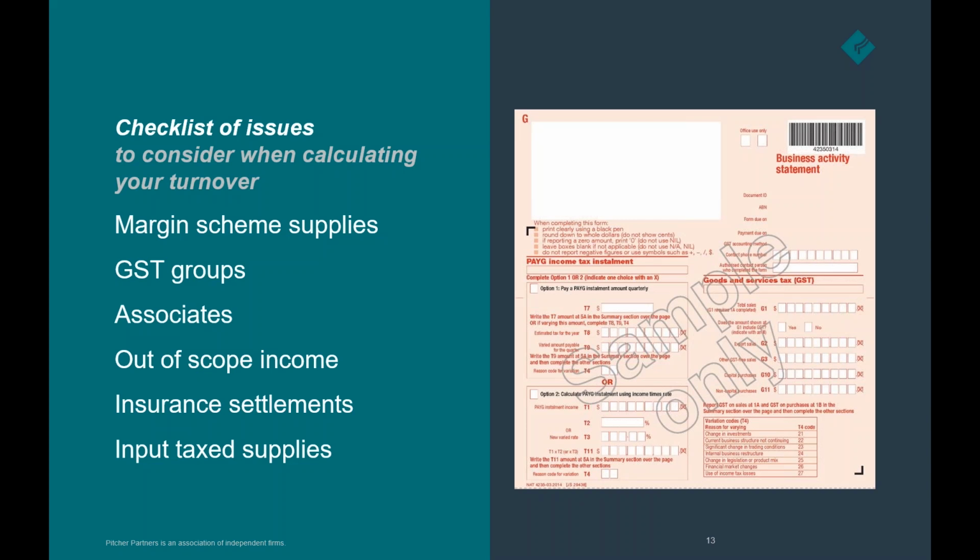So despite the fact that the turnover eligibility test, the decline in turnover test, only needs to be undertaken once in respect of the test period, it is our recommendation that entities continue to assess their turnover on an ongoing basis through the course of this scheme.